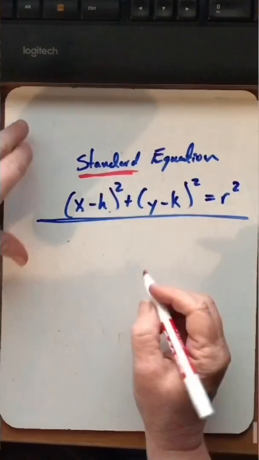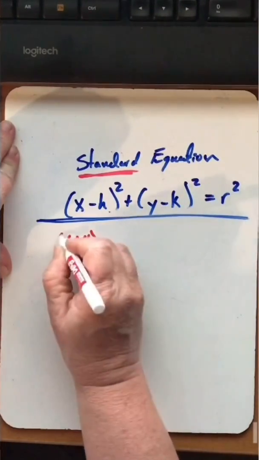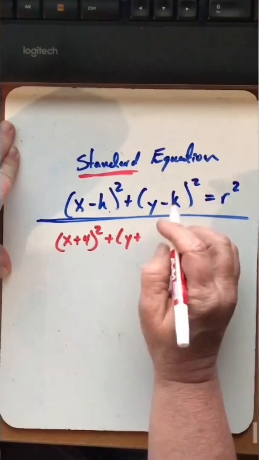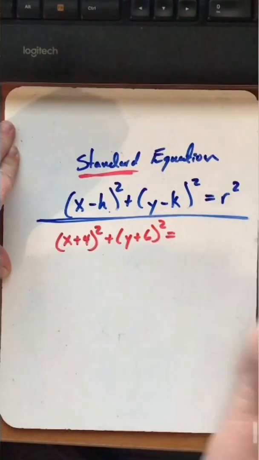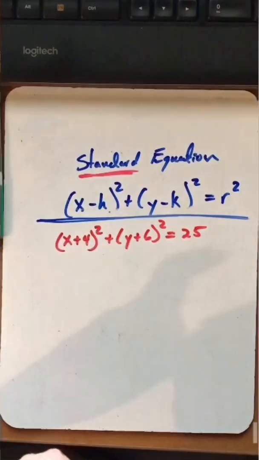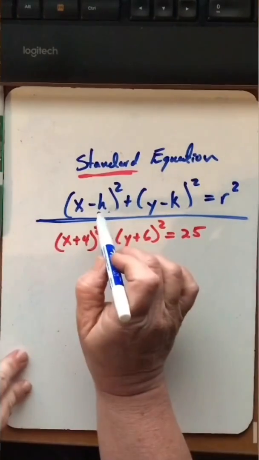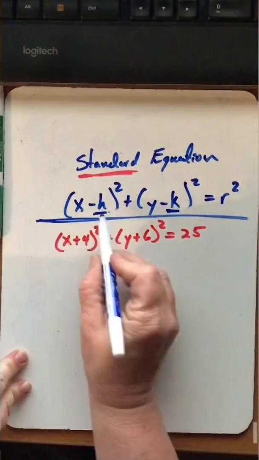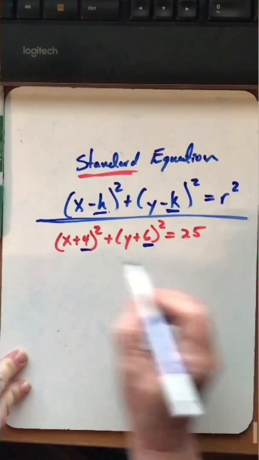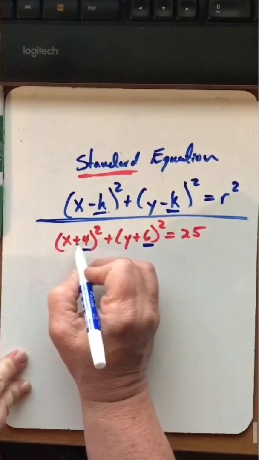Let's say that I give you this equation, x plus 4 squared plus y plus 6 squared equals 25. If I want the center, remember the center is the h and the k. So hk is right here. But because this is a plus and the standard form is a minus, that's my clue that 4 is negative.